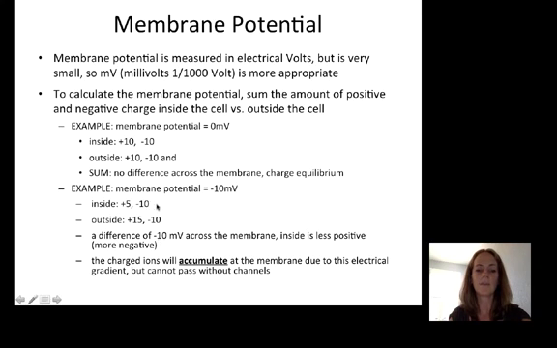That is assuming, of course, that the negative ions are equal and balanced. We only have a difference in this case of positive ions. So 5 minus 15 gives us -10. Again, inside minus outside gives us a difference of 10 millivolts across the membrane, where the inside was less positive, a value of +5, compared to the outside being more positive, a value of +15.